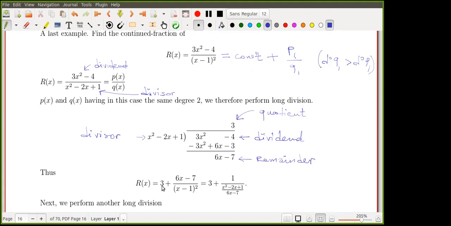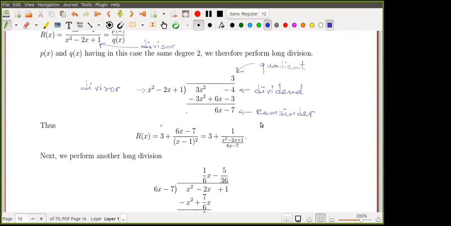So we write the quotient plus the remainder divided by what? Divided by the denominator, right? Because actually, how do we get this? We can write the dividend, which is this one.